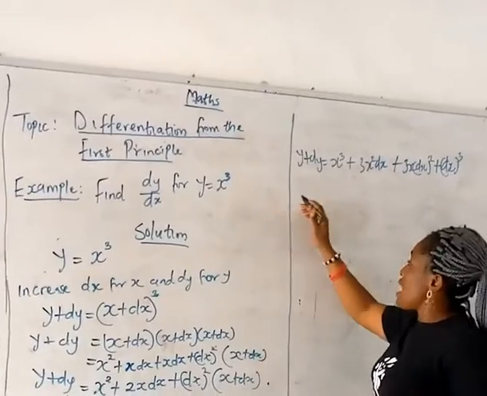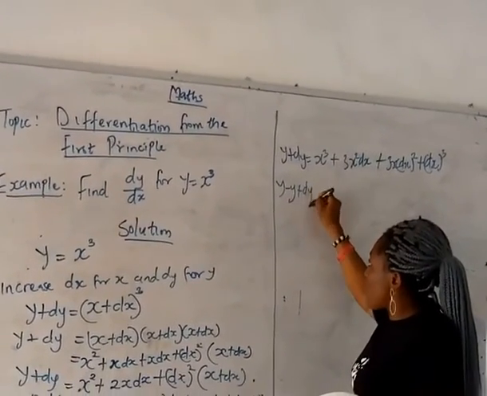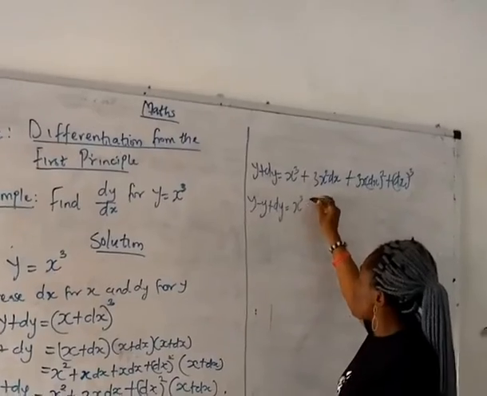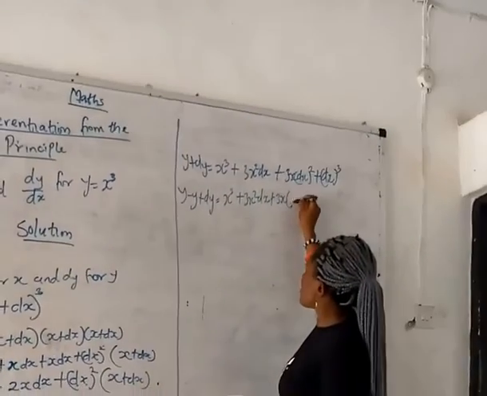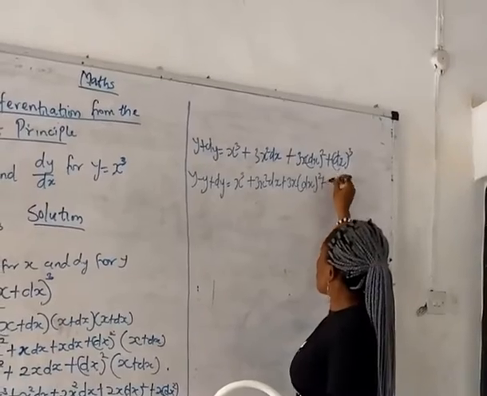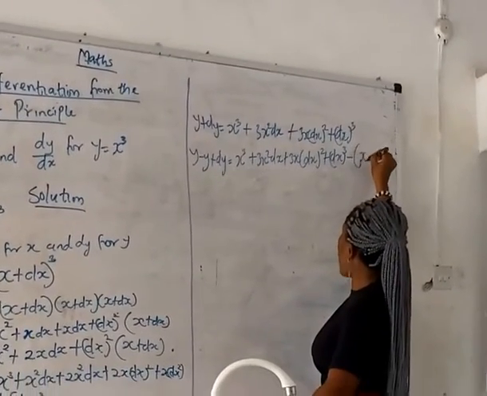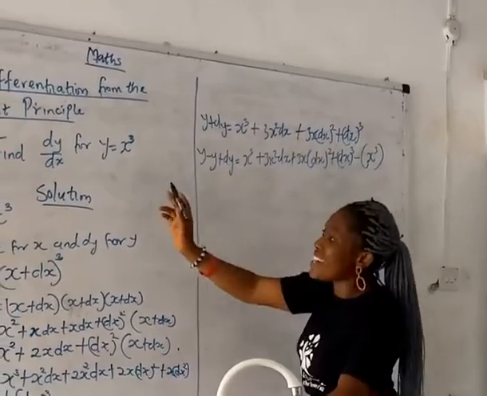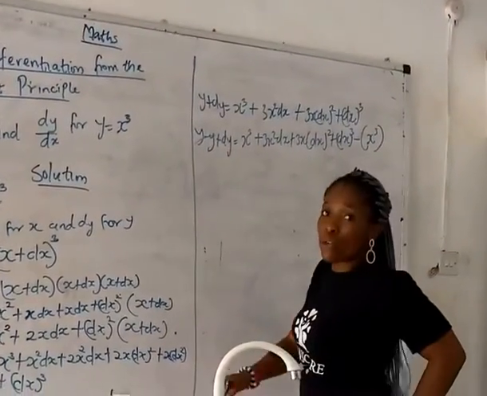So from the left hand side, you say y plus dy minus y is equal to x cubed plus 3x squared dx plus 3x dx squared plus dx cubed minus, open the bracket, x cubed, because your y is x cubed. Then continue now, y minus y is 0, so this one is gone.